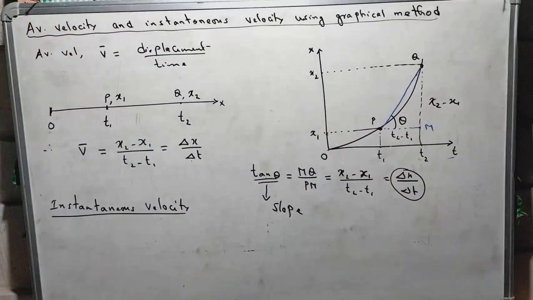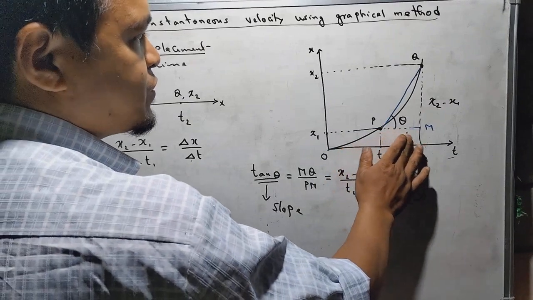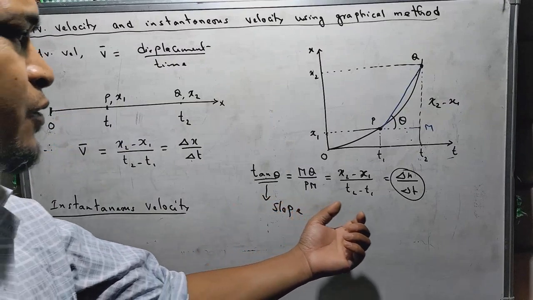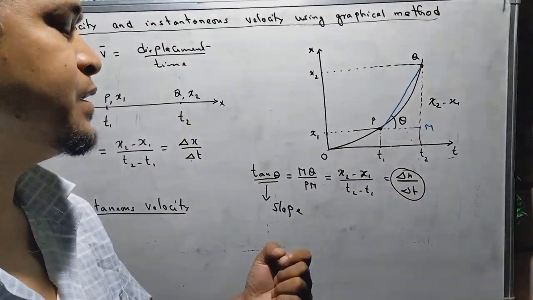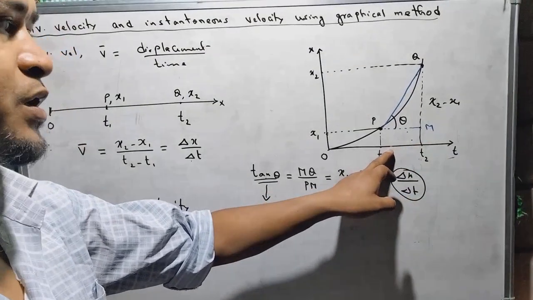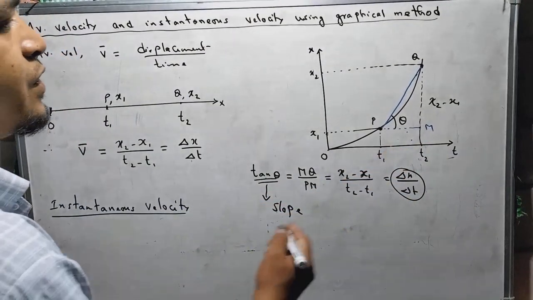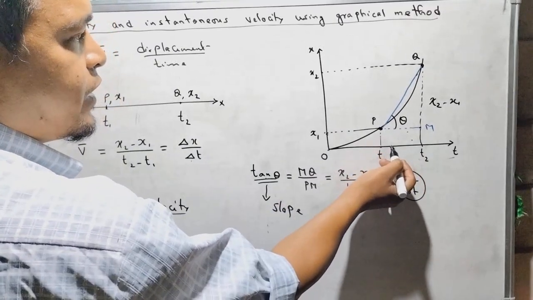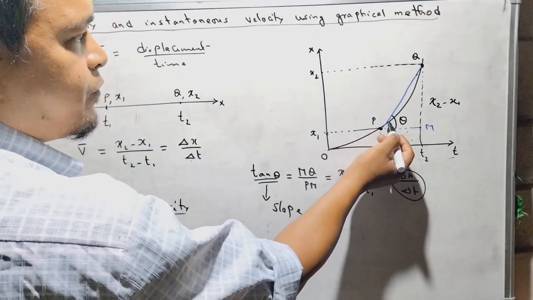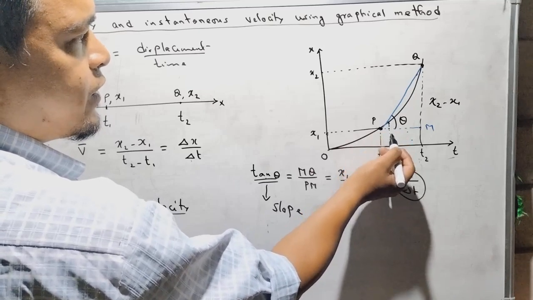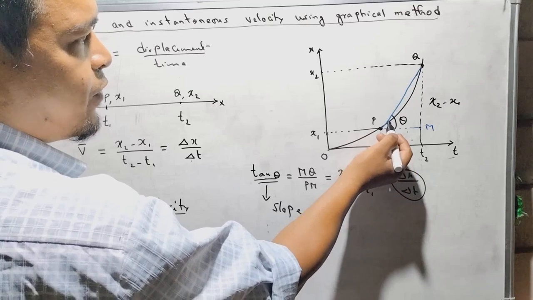For that, I have to reduce this time interval delta t. Now if this t2 shifts towards t1, let's say t2 is here, then if you draw a line from this point, you will get a point Q now.